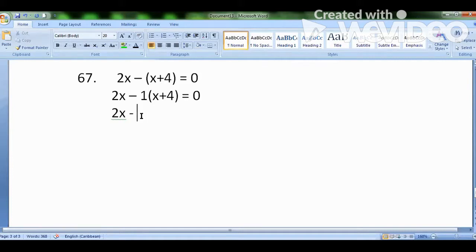All right, go ahead. Continue. So you'd have 1x, -1x. And then negative times a positive, you'd have -4 equals 0. Okay, cool. Hold on there. What she's doing right here is she's using the distributive law, and she's saying negative and a positive gives you a negative, and then negative and a positive gives you another negative.